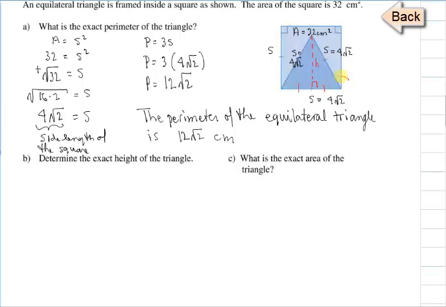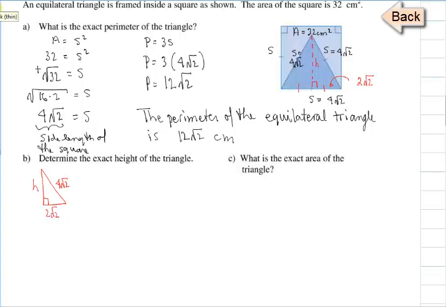So one part of our base is half of 4 root 2, so that would be 2 root 2. Okay, so what we have now is a right triangle. We know that the base of that right triangle is 2 root 2, and we also know that the hypotenuse of this right triangle has a side length of 4 root 2. And we are looking for a value for the height.